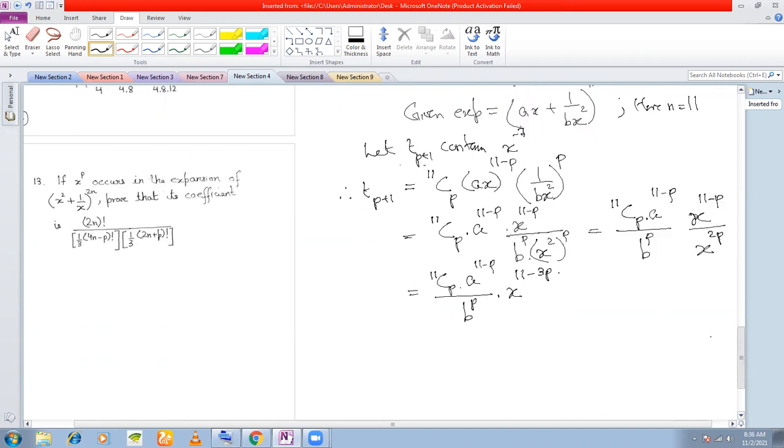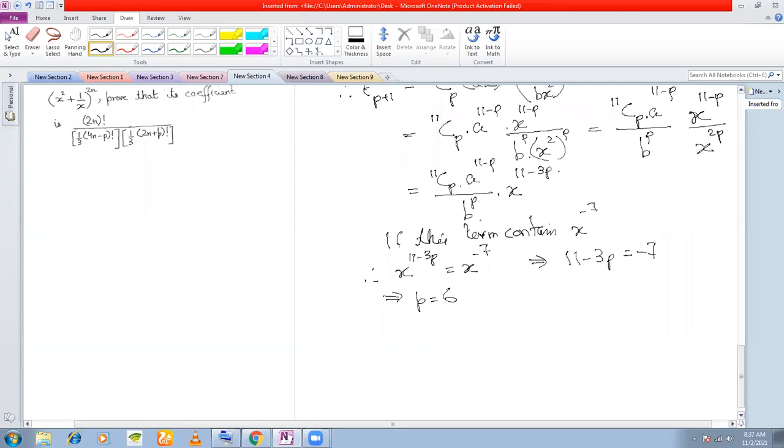Right? Now, if this term contains x to the power of minus 7, therefore x to the power of 11 minus 3p must be equal to x to the power of minus 7. That means 11 minus 3p must be equal to minus 7. That means you get p is equal to 6. Okay, so what is the coefficient here?